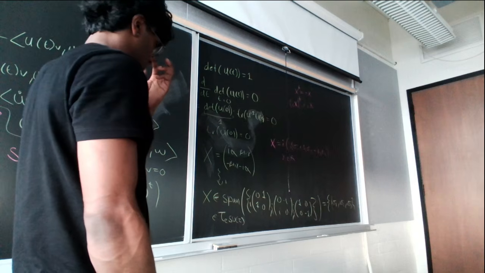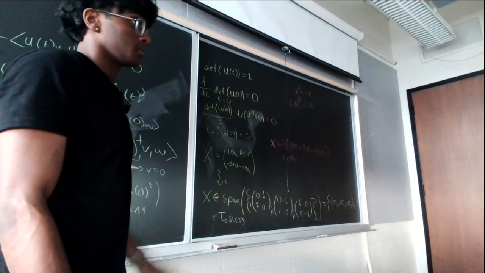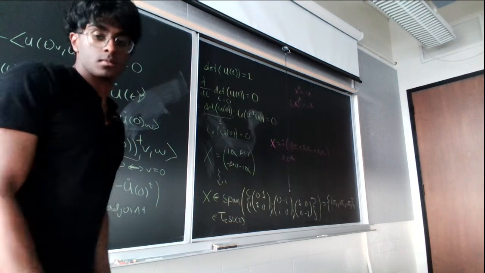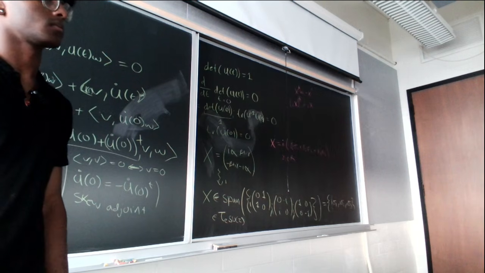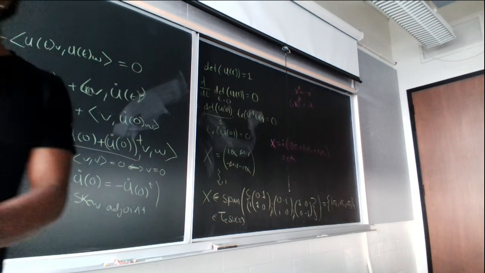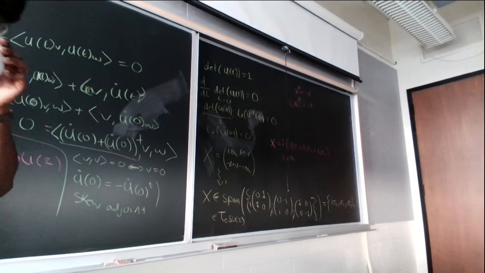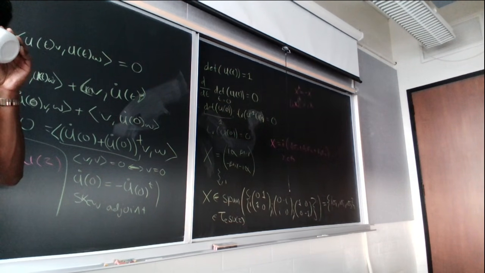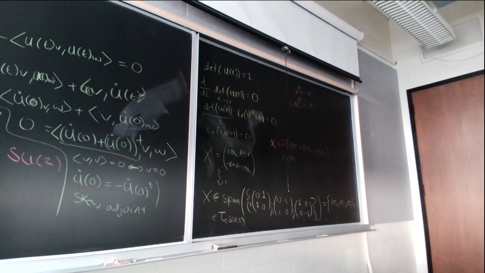Okay, but why do we care about self-adjoint matrices? This is supposed to be about physics. In a quantum mechanical setting, any observable that you have is always a self-adjoint matrix.